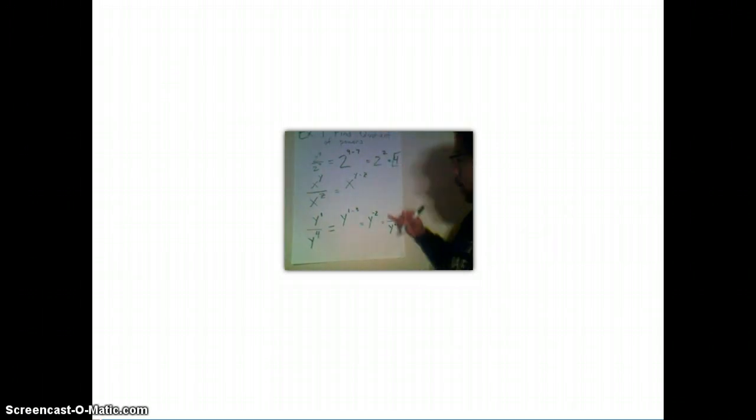I can't just have nothing hanging out here. I'm not going to put a 0 right there. I have a placeholder of 1 right there. So my y to the negative 3 is going to be 1 over y cubed. And that's going to be my final answer. Feel free to pause that if you need to, and then we're going to work another one.